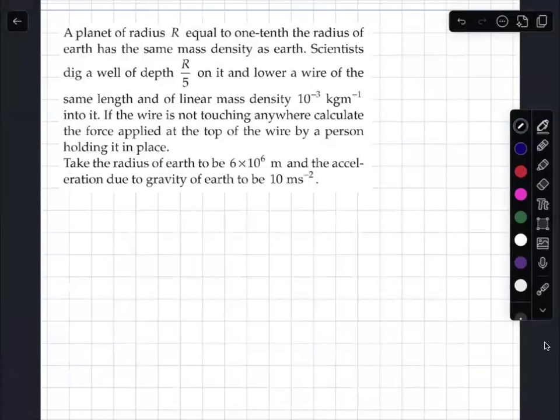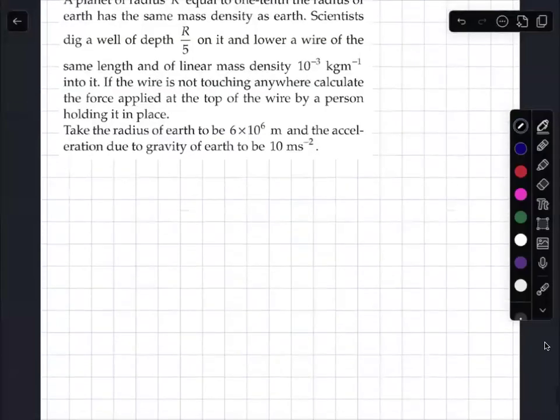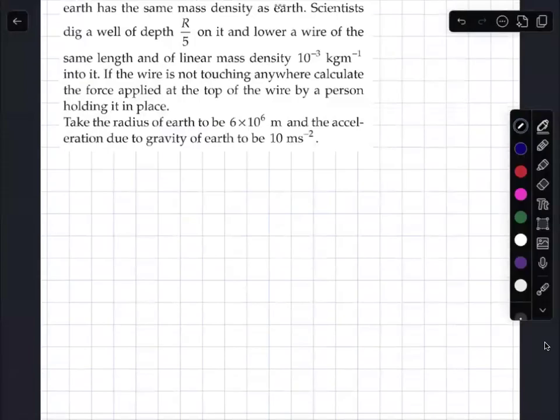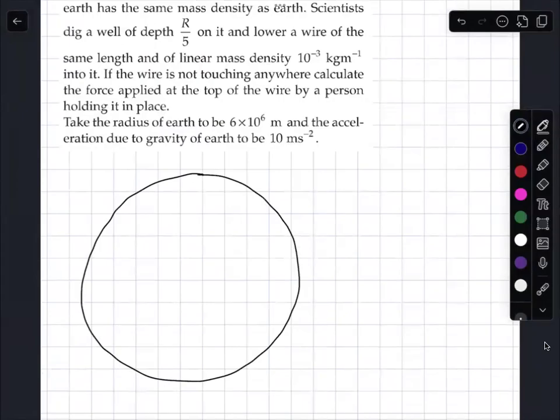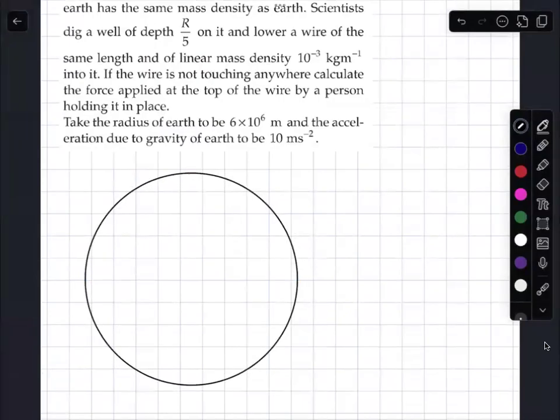First, please try to understand the question carefully. The planet has a radius one tenth the radius of the earth and the same mass density as the earth. And this is the planet. So here is where you have dug.